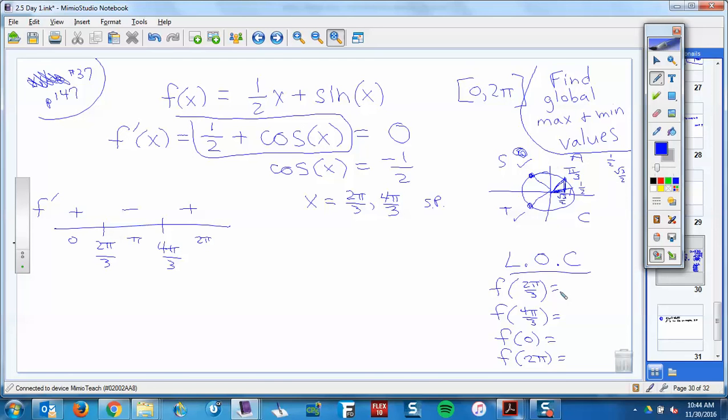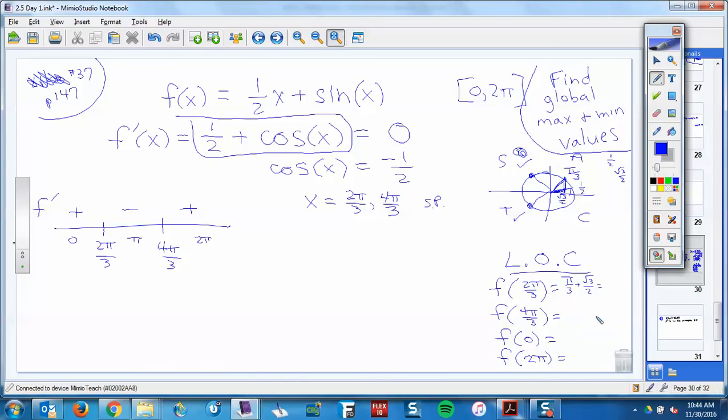What's the sine of 2 pi thirds? Root 3 over 2, right? Sine of 2 pi thirds is positive root 3 over 2. So what you end up with for this one is pi thirds plus root 3 over 2. Now remember what you're trying to do with your list of candidates: find the highest and the lowest value. So you got to have a little bit of an estimate of what that is.